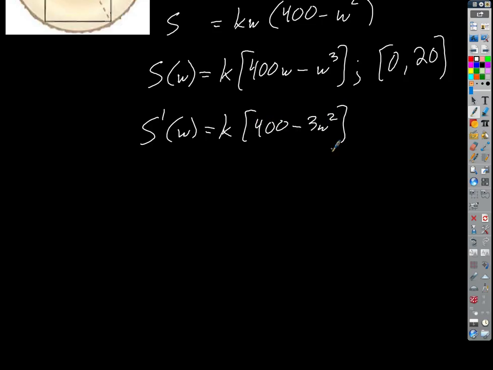S prime equals 0 when 3W squared equals 400, so W equals the square root of 400 thirds.